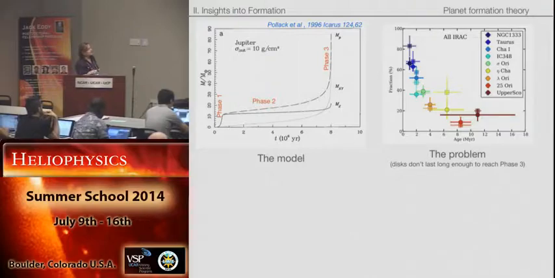So at the same time, this came out in 1996, people were beginning to get measurements of infrared excesses and other measurements of spectroscopy, which indicated the mass and amount of disks around young stars, young stellar objects.